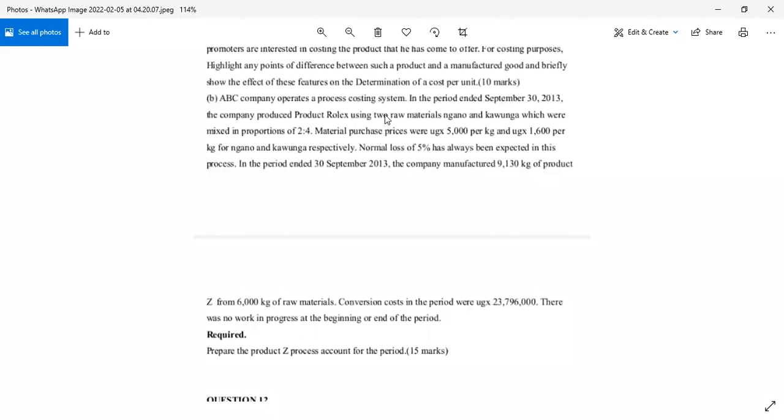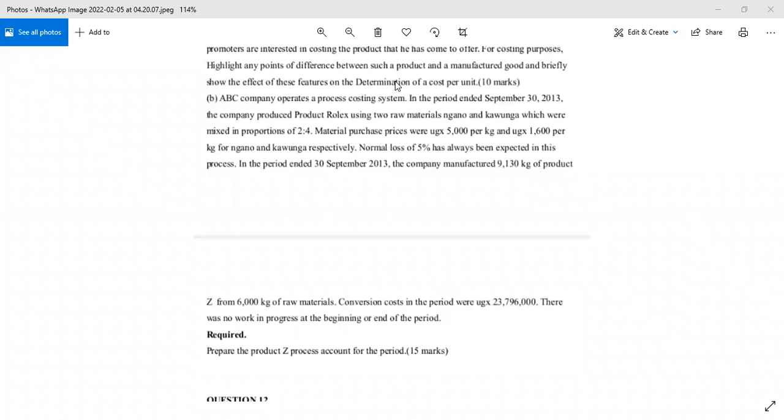So we picked all this information from the question. This figure here is the CPU, the cost per unit. It helps you to value output, strictly output, and also abnormal loss if there is, or abnormal gain if there is. So abnormal gain was valued at 7,052 shillings, and so was our output, which was also valued at 7,052 shillings. Edith, I hope I've answered you clearly on that.